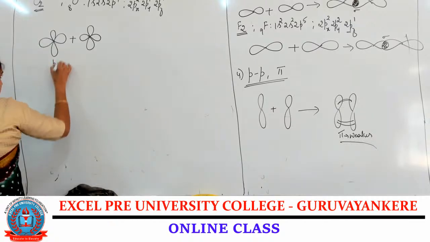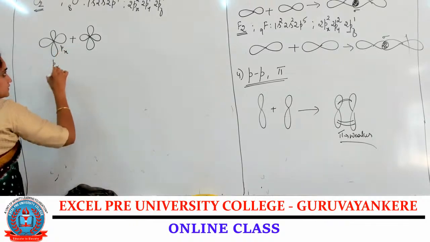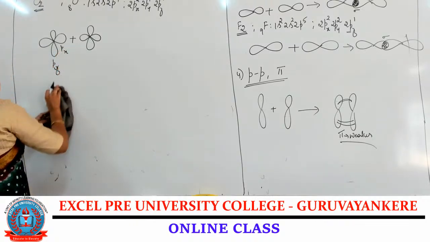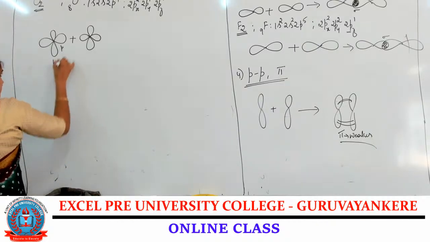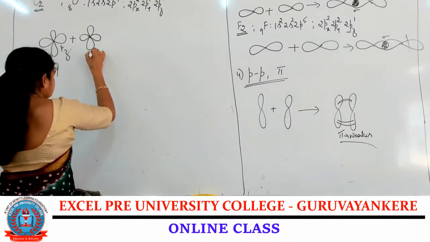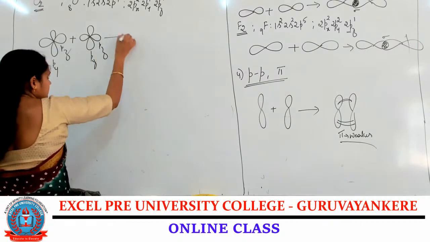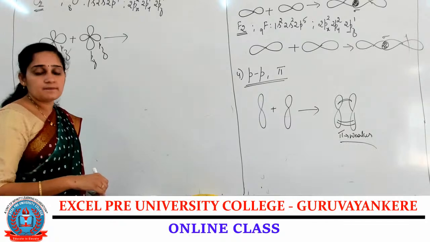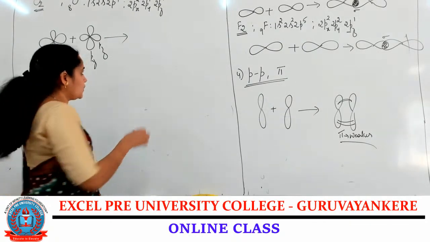This one is a py. This one is a pz. Py and pz undergo overlapping. One is the axial overlapping, another one is the sideways overlapping.